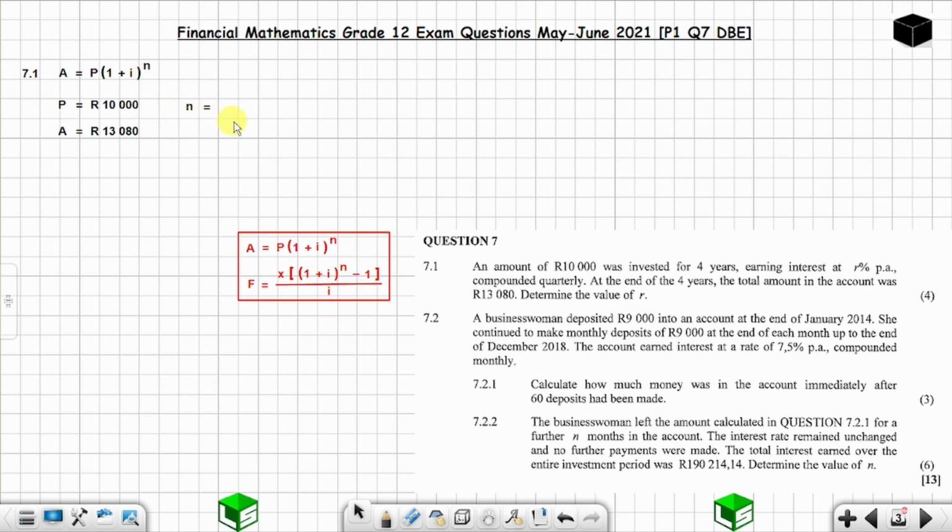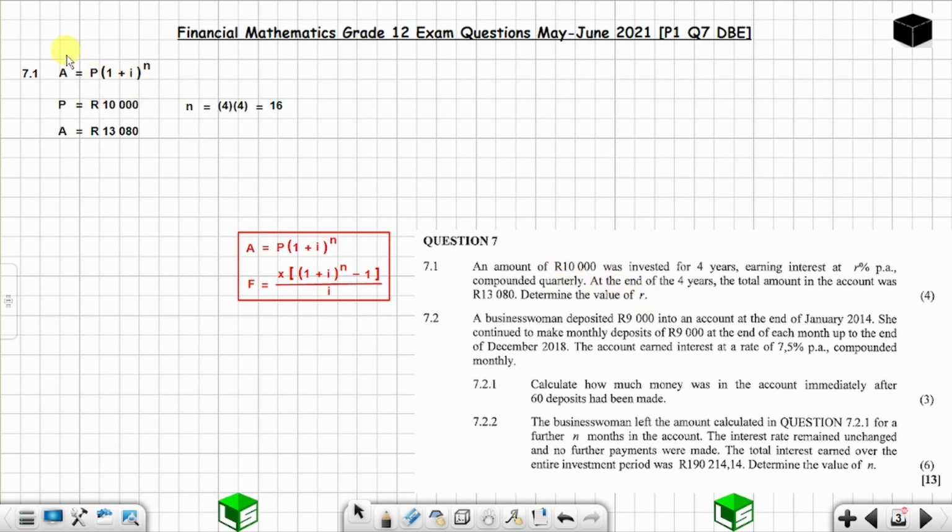N is equal to the number of years, which is 4 years. But remember, this is compounded quarterly, so you are going to multiply by 4. 4 times 4 is 16. If you can get I, you are going to get the value of R.